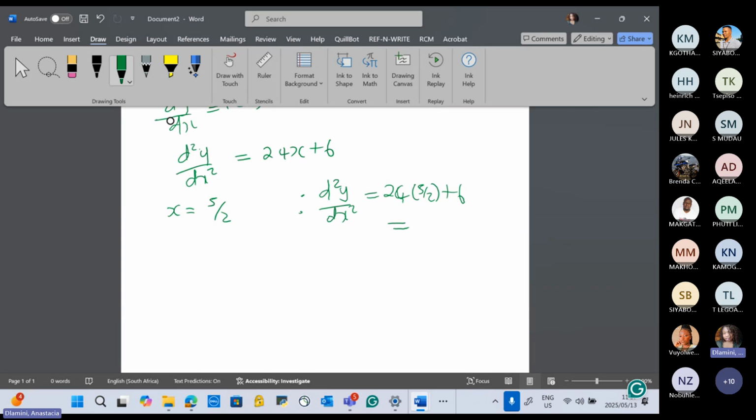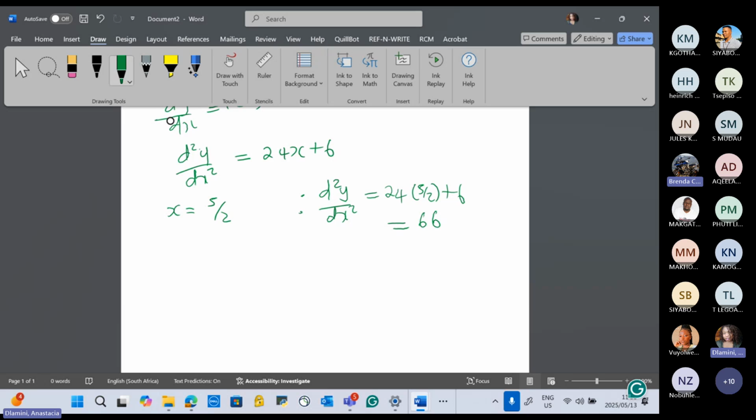Guys, you are second year. You are allowed to use a calculator for this module. What do you get? 66. Yeah, 2 into that is 12, 12 times 5 is 60 plus 6, 66, yes.